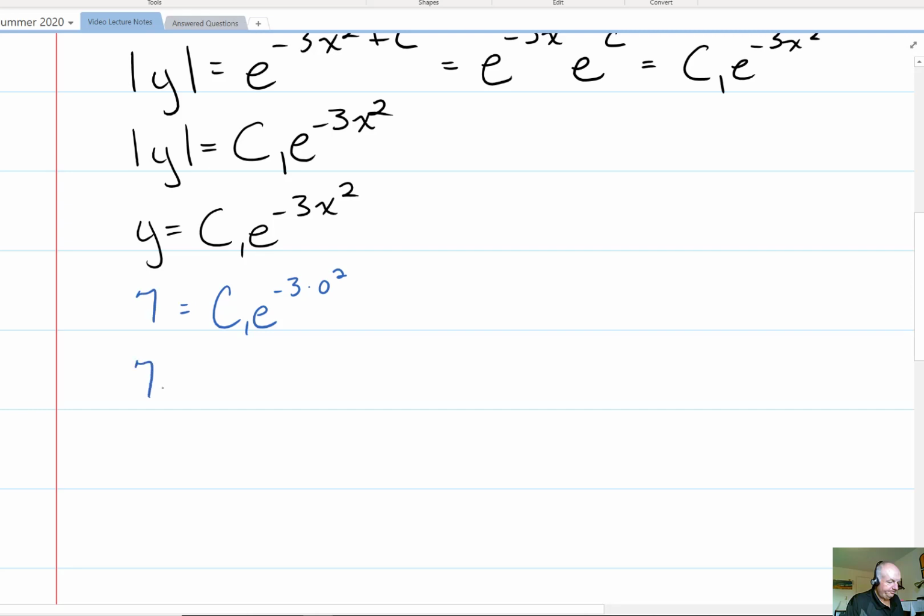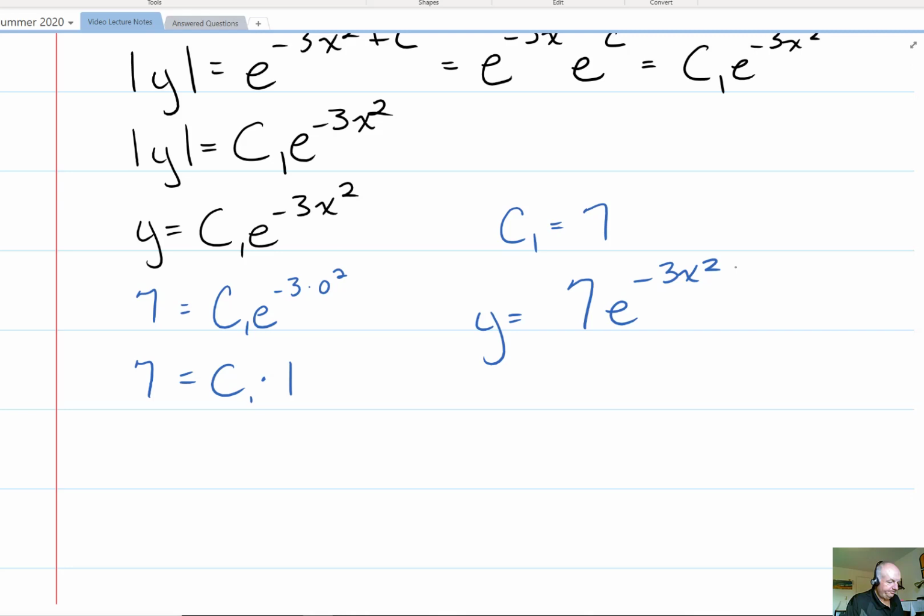So we see 7 equals c sub 1 times 1. So c sub 1 needs to equal just 7. So y equals c sub 1 e to the negative 3x squared, and we've got our solution. 7 e to the negative 3x squared is our particular solution. That's the solution to the initial value problem.